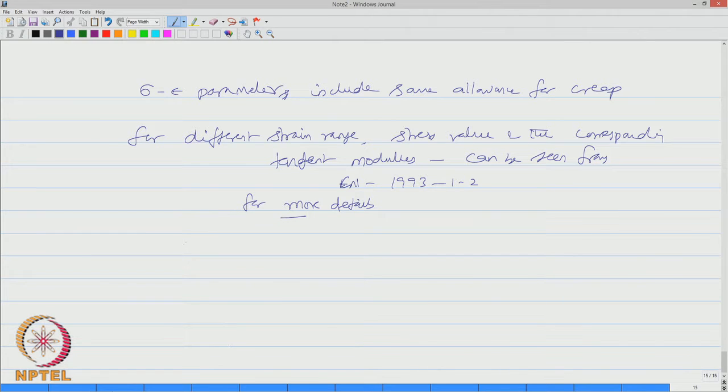For understanding, epsilon y theta is limited to 0.02 and epsilon t theta is limited to 0.15. These are the upper limits which are bounding the design for steel or material strength at elevated temperatures.